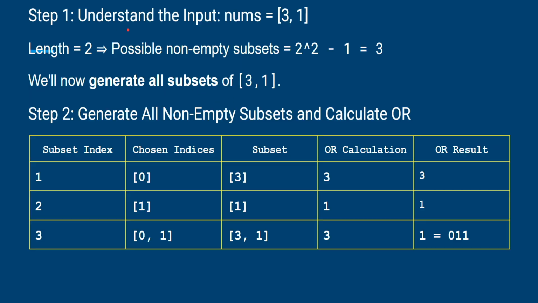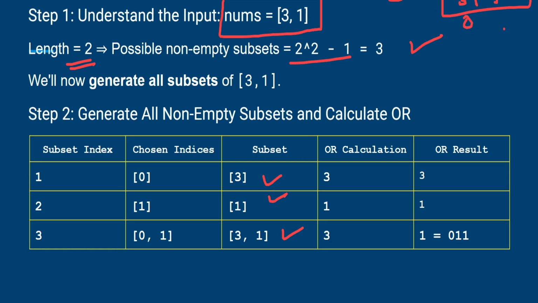Let's understand the input. Very first, we have been given this array. What is its length? Length is 2. So the possible subsets are what? We have already seen: we get 3 possible subsets, 3, 1, and 3 1. If we take the indices, let's suppose this is your array 3 and 1, the index is 0 and this is 1.